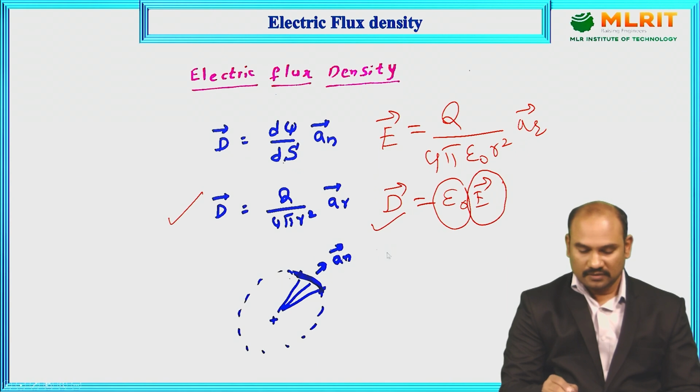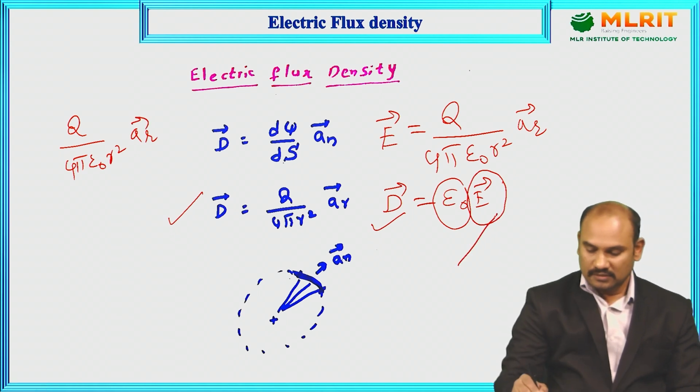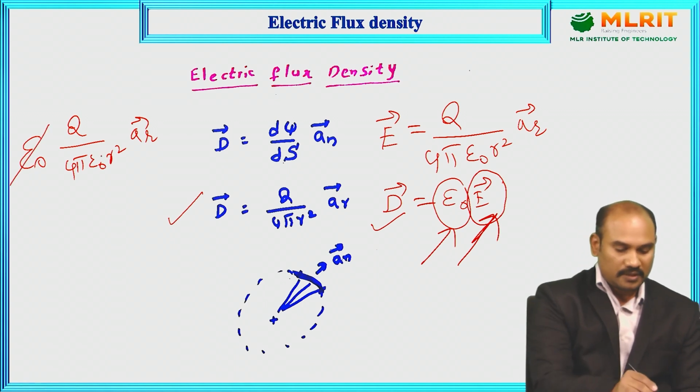So do that. You take E bar, Q by 4 pi epsilon naught R square a R. Multiply with epsilon naught. Epsilon naught cancels.